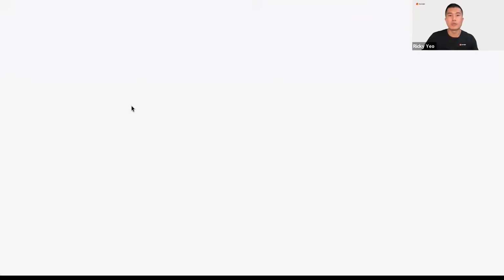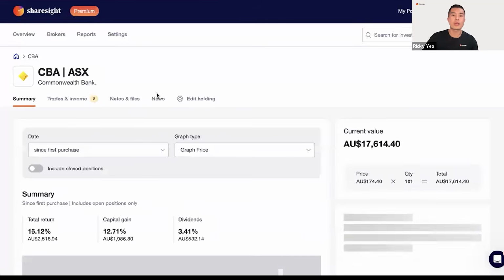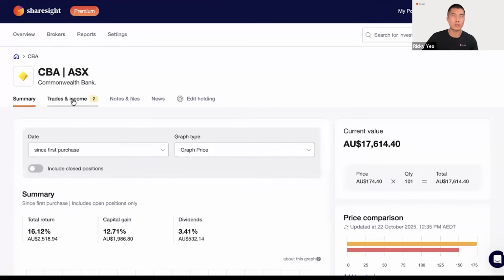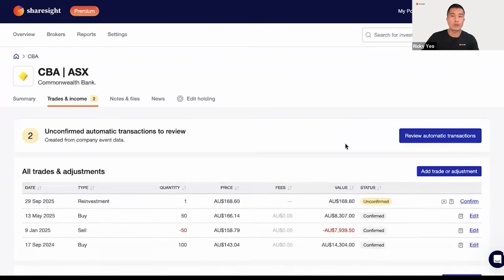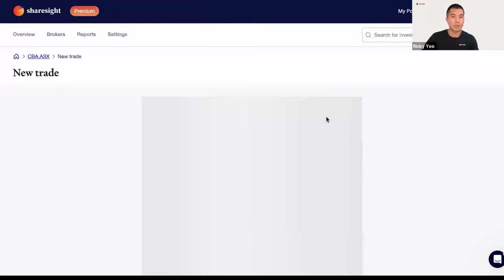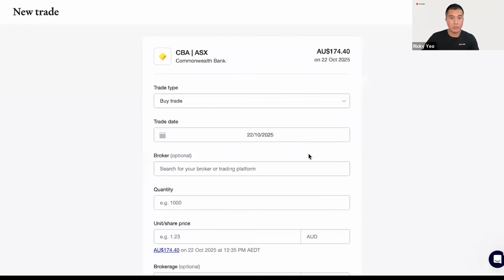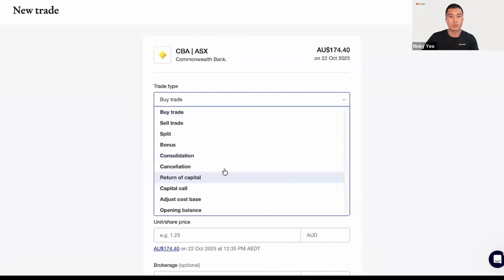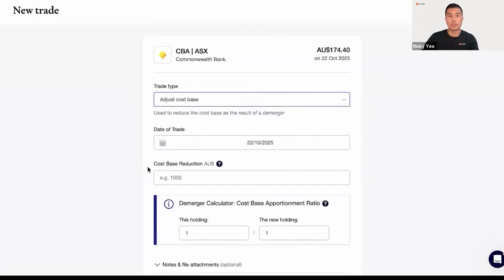Let's use CBA as an example. Normally, when a company gets split into two companies and you end up owning shares in the original and the new company, there should be some sort of cost base adjustment. So what you need to do is adjust the cost base.